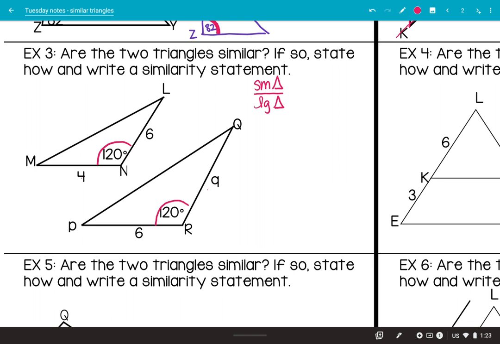And going from there, I like to start with the small side to the small side, and we're just going to make a fraction. And then I'm going to do large side to large side. And I do like to do different shapes because it makes it easier for me.